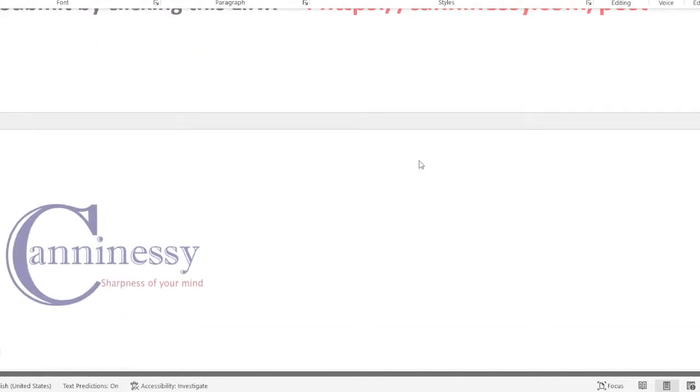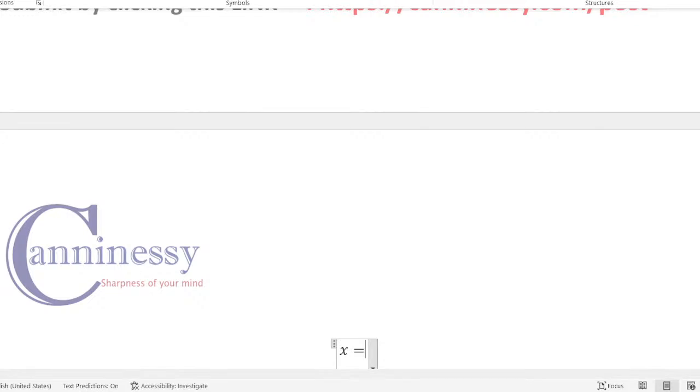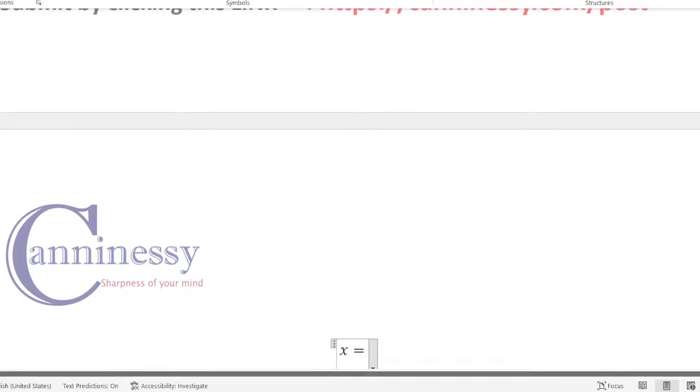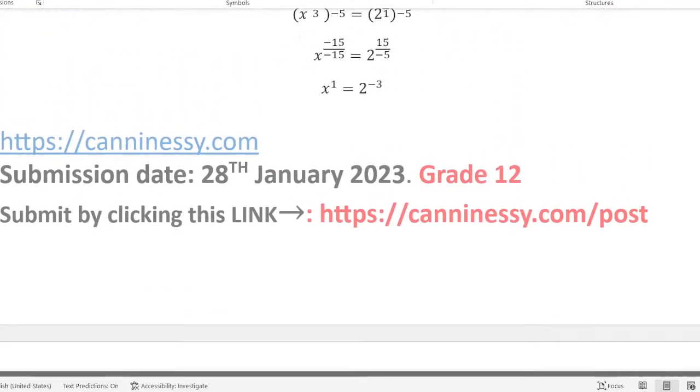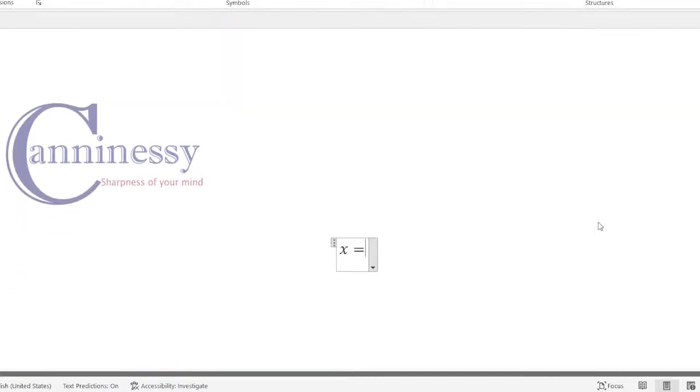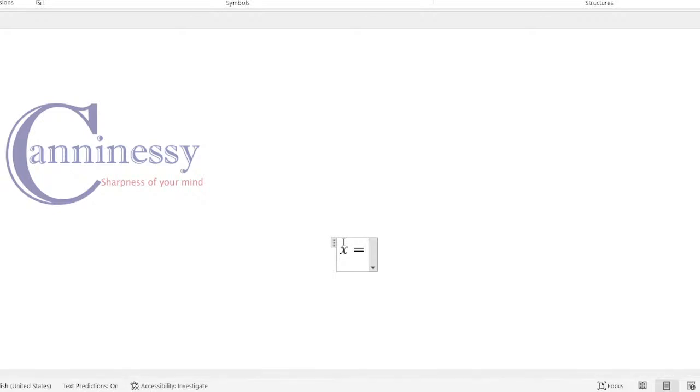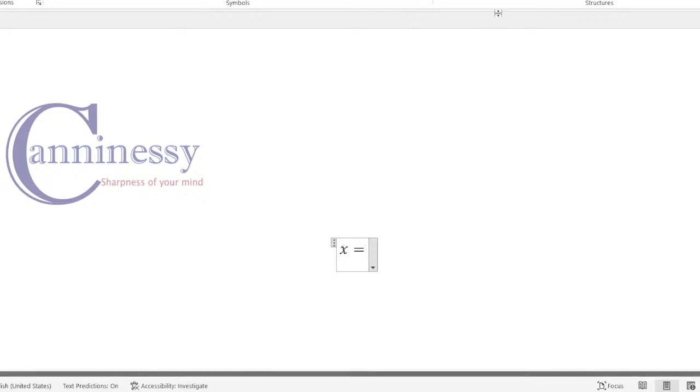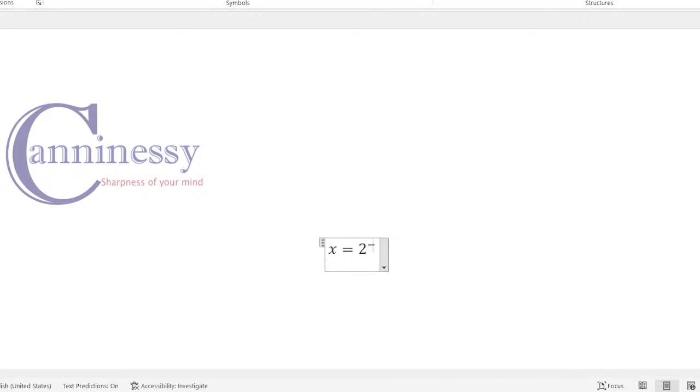So then we'll say x is equals to 2 to the power negative 3. We are removing that 1 because in maths we have an invisible 1 as an exponent.